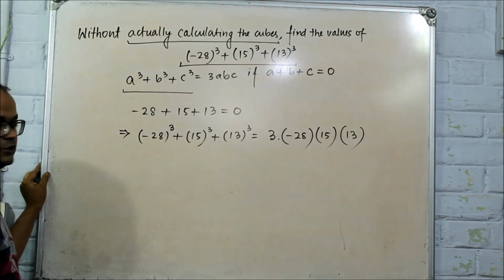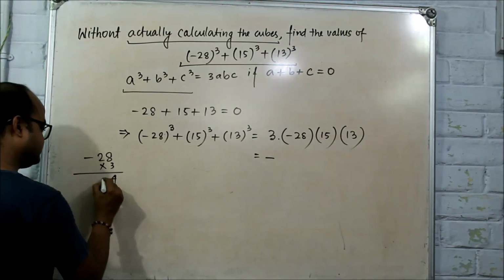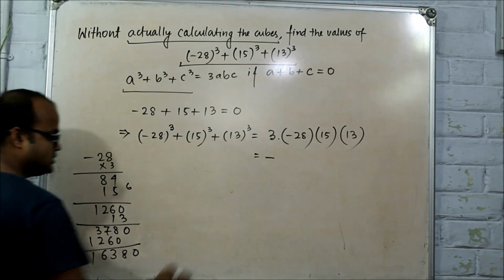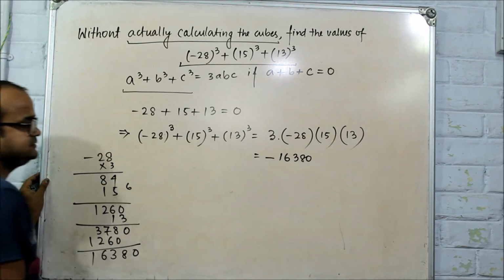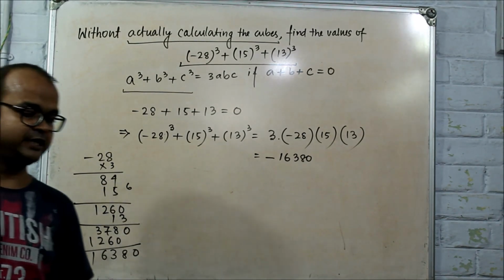Clear? So now multiply this. If you multiply, you will get 16380. So your answer is minus 16380.